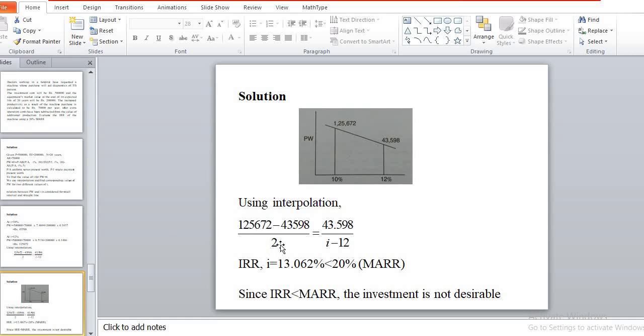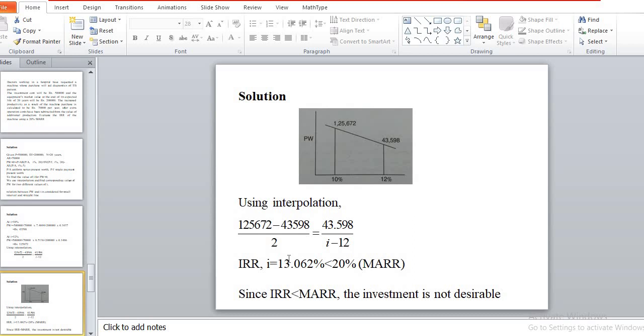Similarly, this represents the interest rate value subtraction, 12 minus 10, which becomes 2. Now at some particular intermediate I value, this present worth becomes 0.